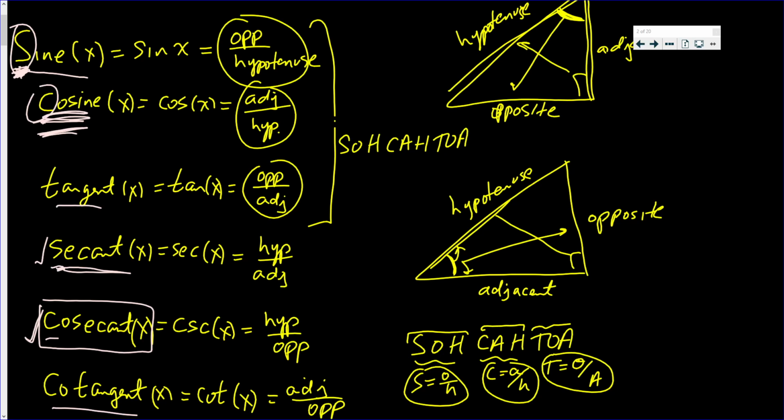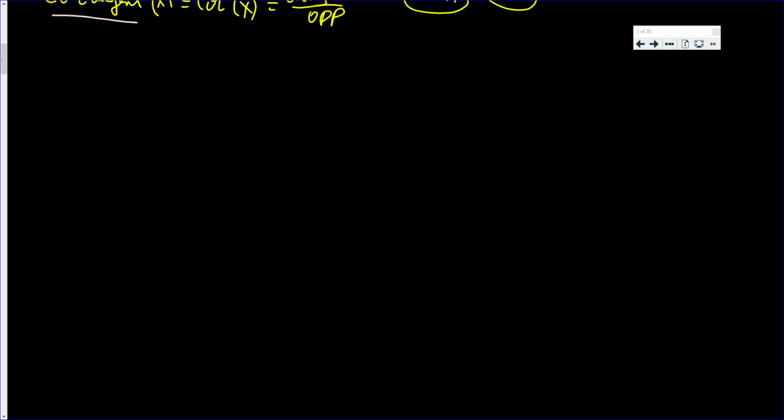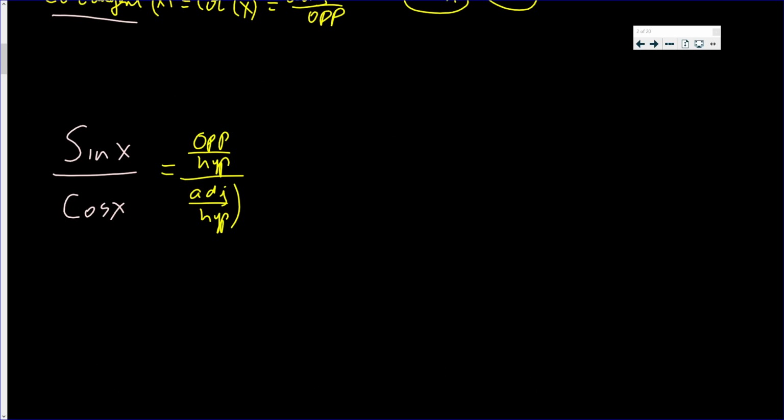Okay. Now, we will prove a couple of theorems actually. If you have the sine of x divided by the cosine of x, well, sine of x is opposite over hypotenuse divided by the cosine of x, which is adjacent over hypotenuse.